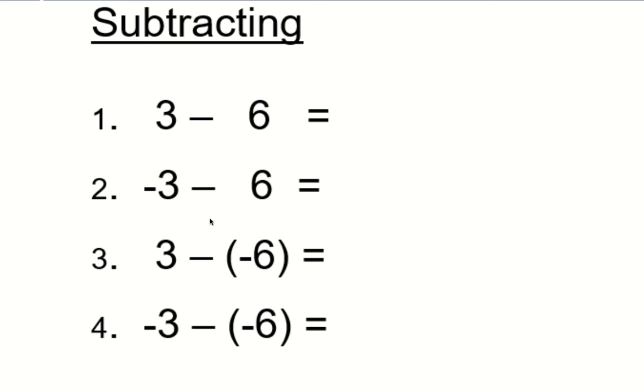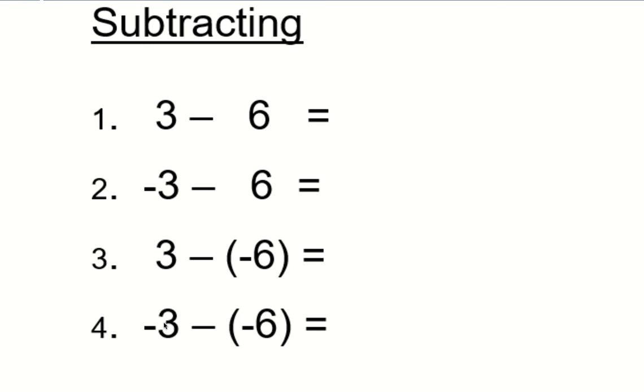Another big reminder: when you're subtracting a negative, you might as well be adding. So this 3 minus -6 might as well say 3 plus 6, so this answer is +9. And same thing here, this might as well say -3 plus 6.